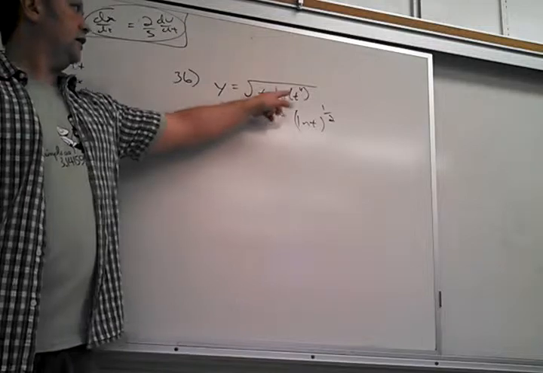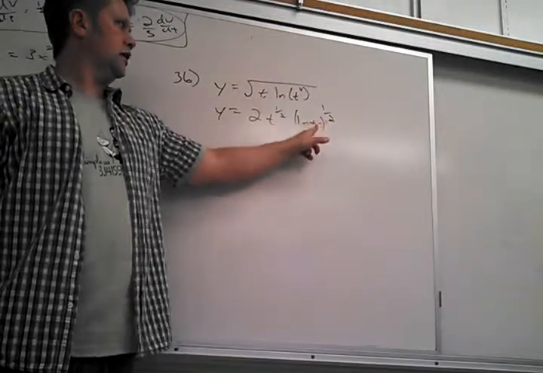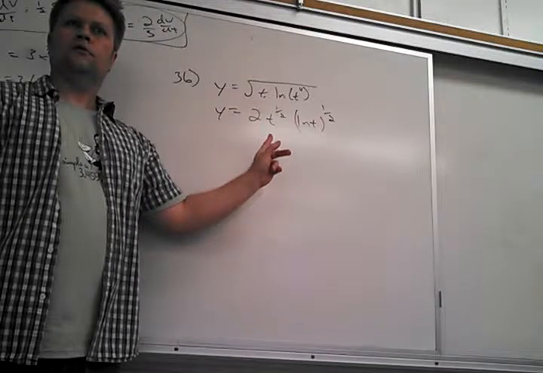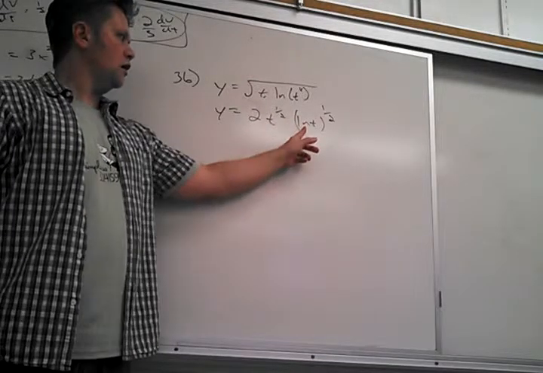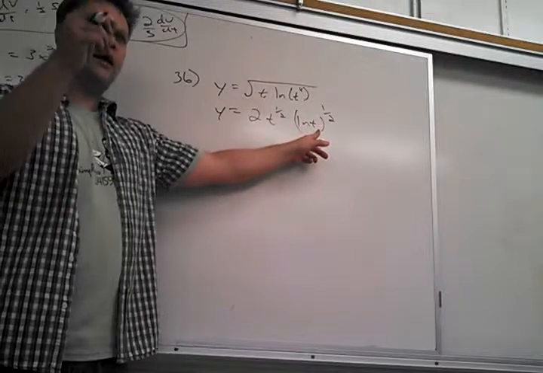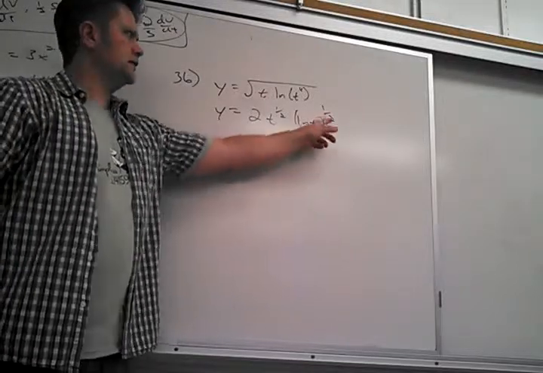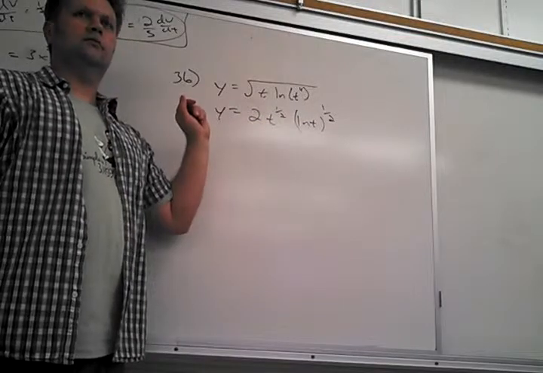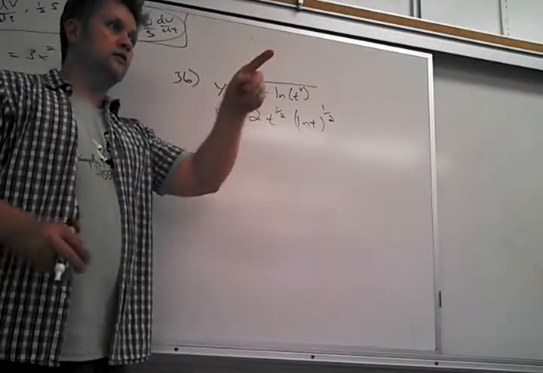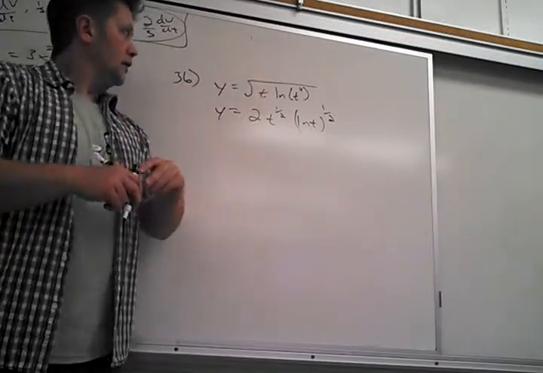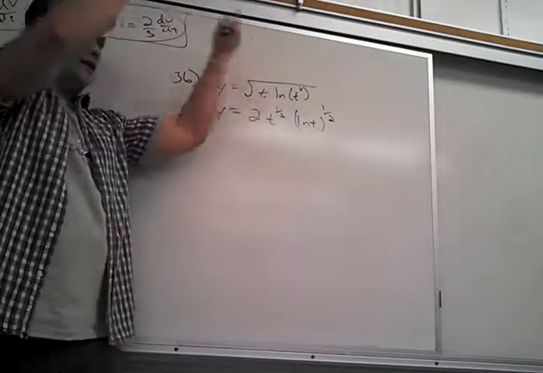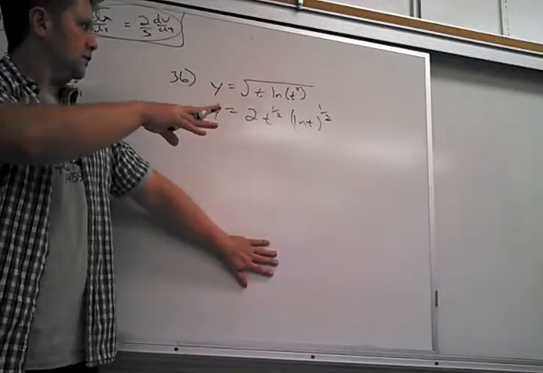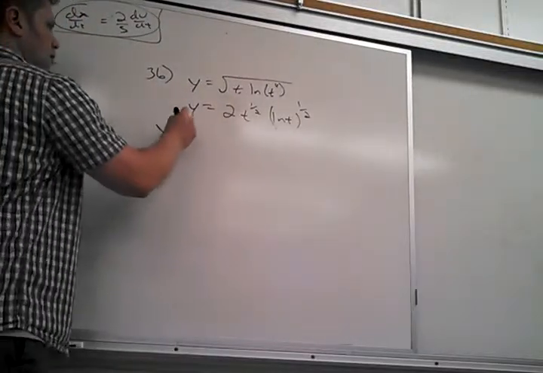So how should this work then? What rule do I have to use? What's the primary rule? Product rule. So what's the derivative? The nice thing is there: 1 times t to the 1/2, leaving this due to 1, plus 2t to the 1/2, and then what happens here? 1/2 natural log of t to the negative 1/2 times 1 over t.